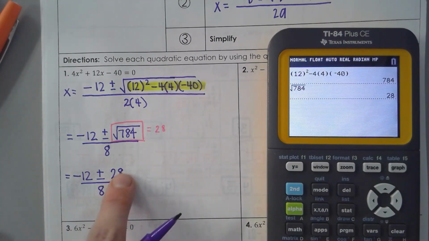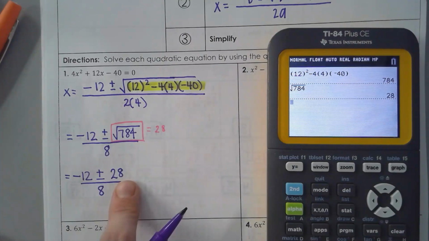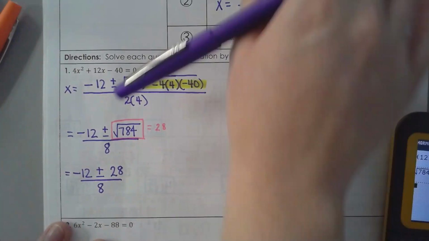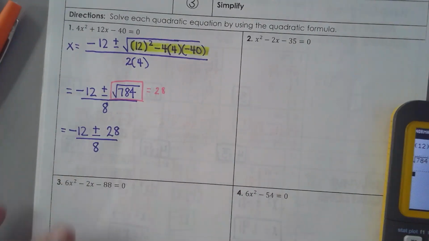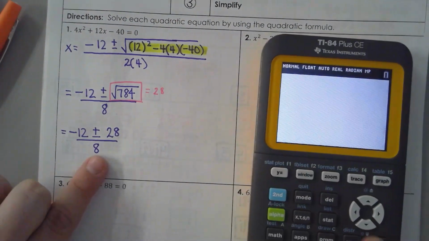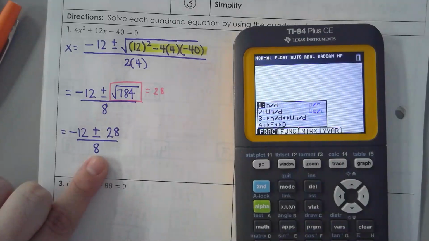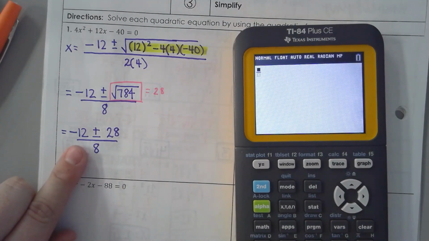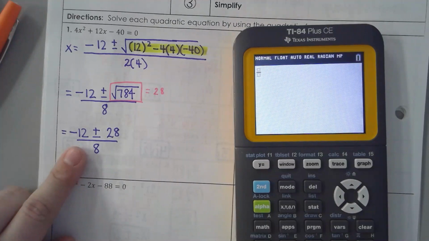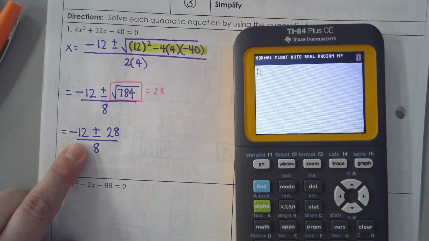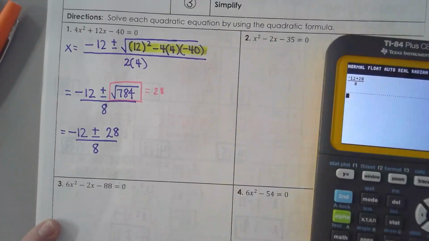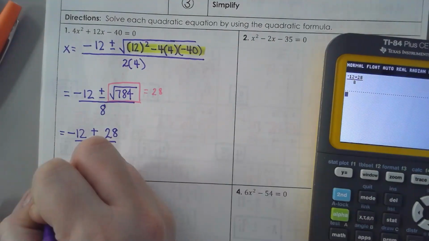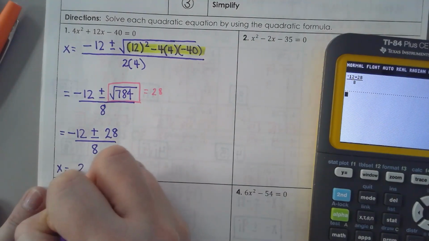When we actually have a perfect square that works out nice and neat, that means we're going to get 2 different answers, and we can just plug it in the calculator from here on out. So alpha y equals, now we have to type it in one time using a plus, another time using a minus. So negative 12 plus 28 over 8 gives me 2.